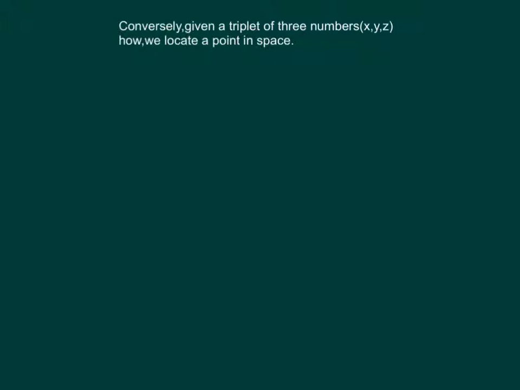Conversely, if we are given the triplet of three numbers x, y and z, then how will we locate the point in space? Firstly, draw the coordinate axes. Now locate the point (x, y) on the xy plane, and this can be done as we do in two-dimensional geometry when we have only x and y axes.